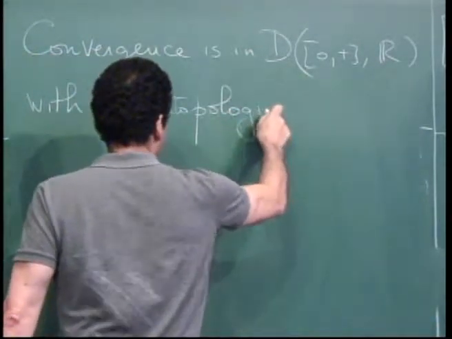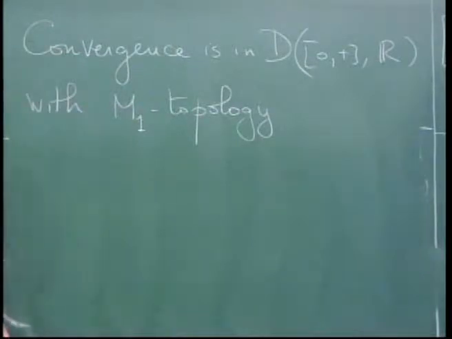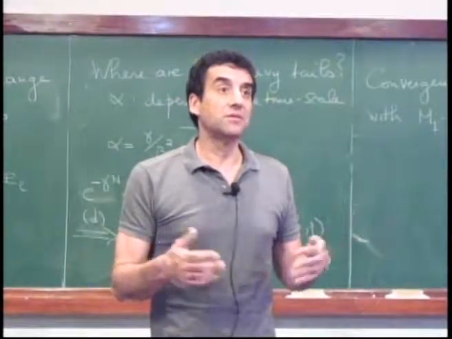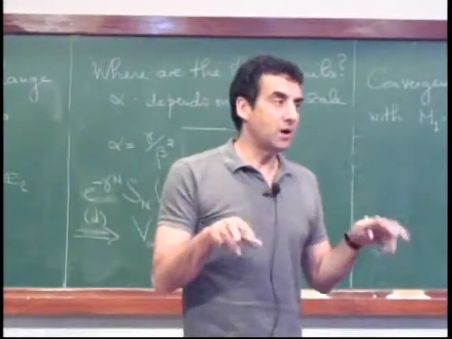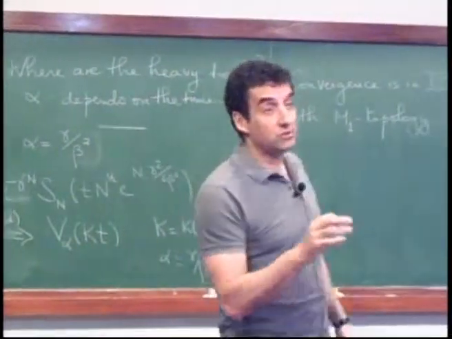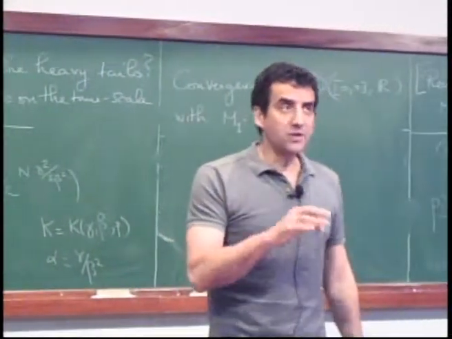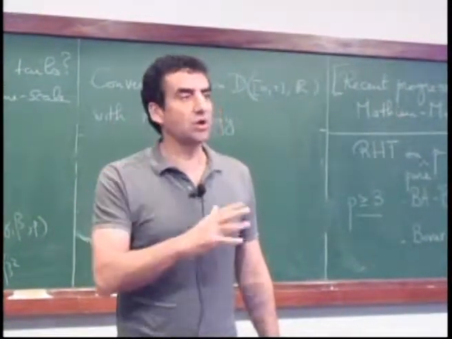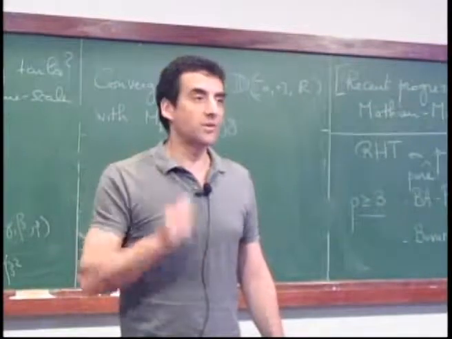And it cannot be improved to, so let me explain this just with words. The space D is simply the space of functions with jumps. And on this space, there is a natural topology. In fact, there are natural topologies. And they are all called Skorokhod topology because Skorokhod introduced them. And the one that is usually used is called the J1. When people say Skorokhod topology, they mean J1 topology.